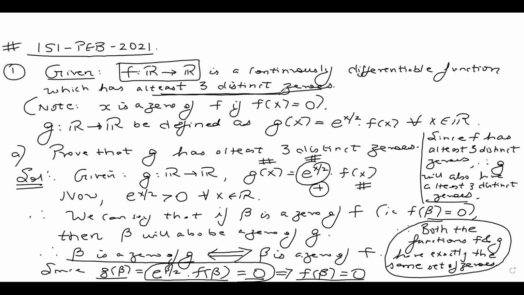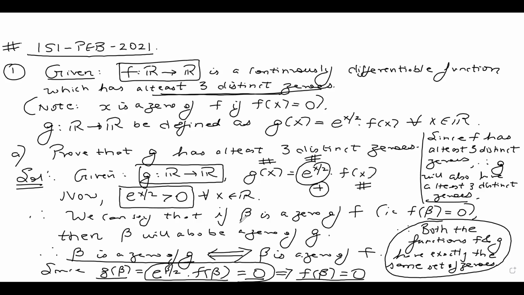Okay, I'm quickly revising. We were given the function g which maps R to R. g of x is e to the power x by 2 times f of x. e to the power x by 2 is always positive. The function g will have a 0 only when f has the same 0.